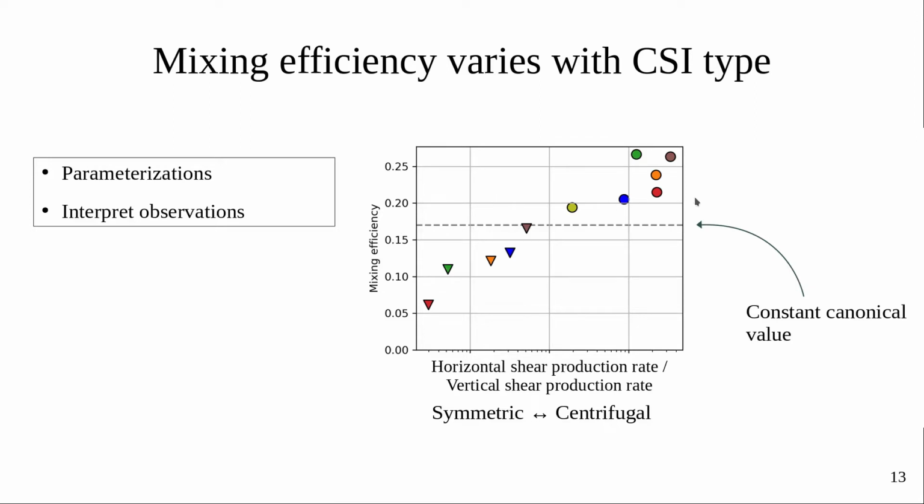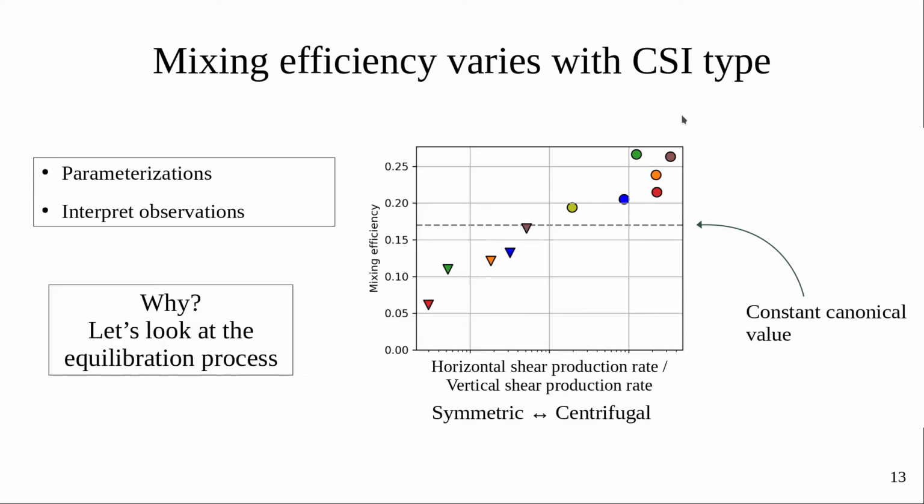This is the canonical value that represents the mixing efficiency of ocean turbulence in general, as the literature uses today. And we're showing here that CSIs, these sorts of centrifugal instabilities, can have mixing efficiencies that range from much lower than that to much higher than that. So this underscores the importance of understanding these sorts of instabilities.